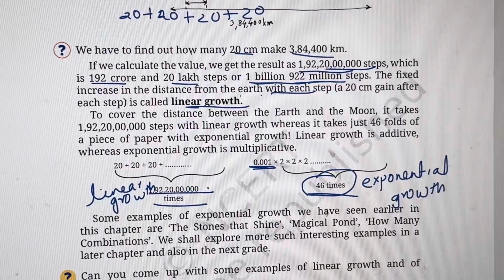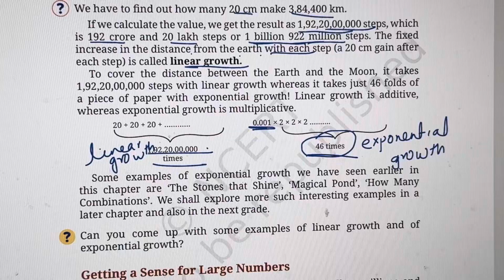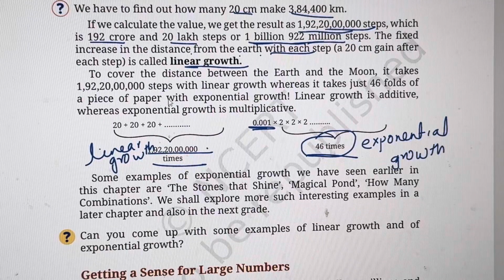We saw stones that shine, we saw the magical pond, and how many combinations we saw of the cap and the t-shirt. So you can go back to that and understand the difference between linear growth and exponential growth. In the next grade or later chapters also, we will explore more interesting examples of this linear and exponential growth.